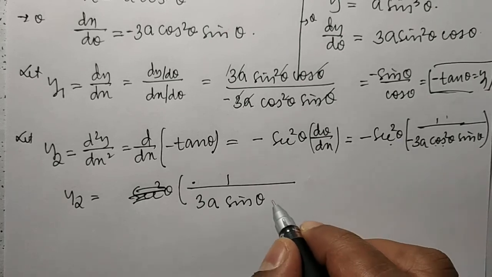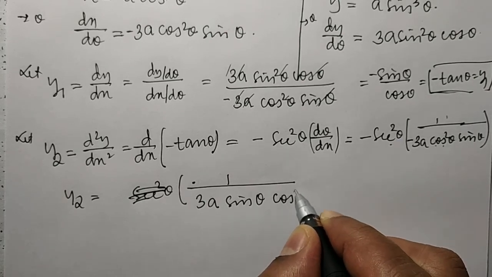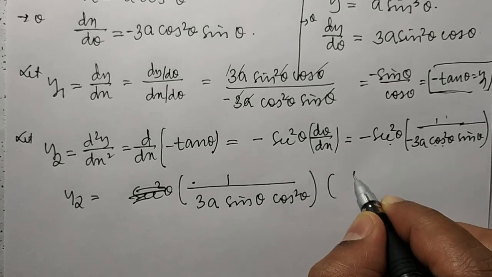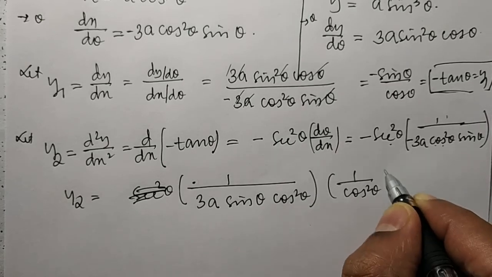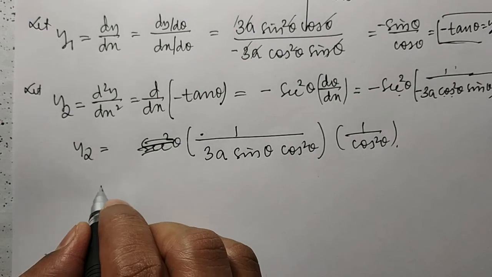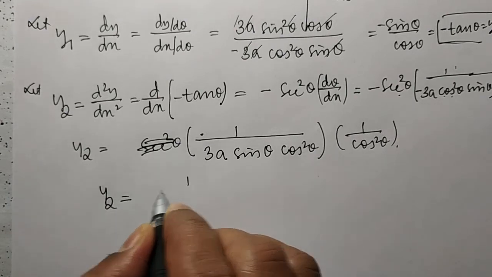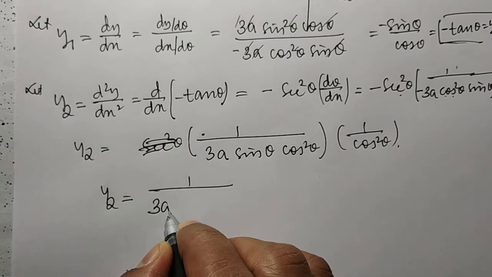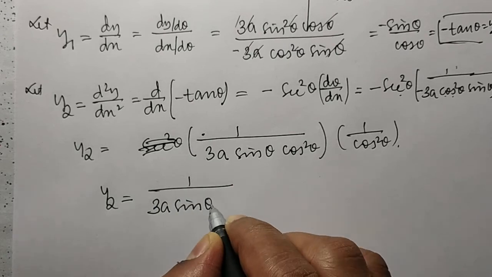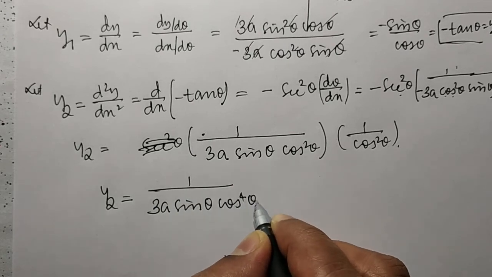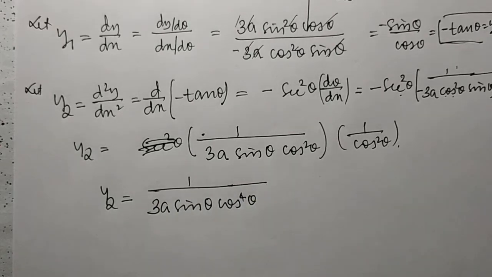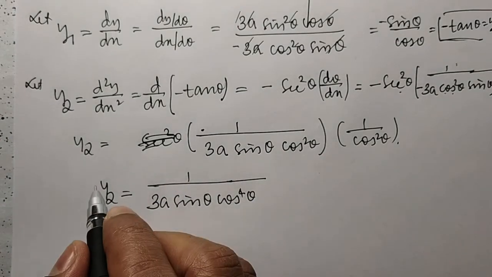Therefore it is cos square theta into cos square theta. Altogether, y2 is equal to 1 divided by 3a sin theta cos raised to 4 theta. This is y2.